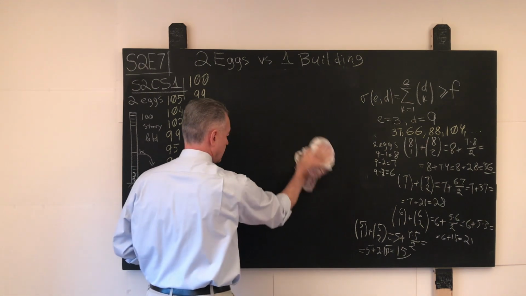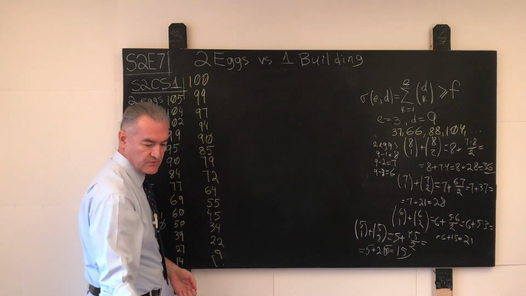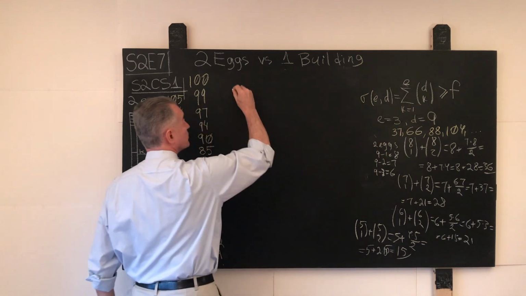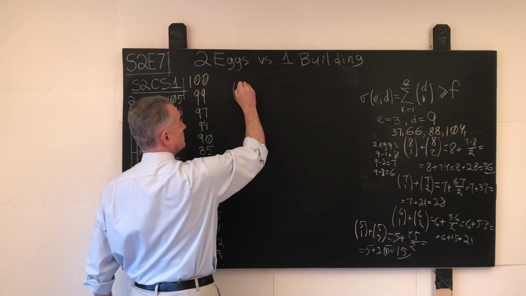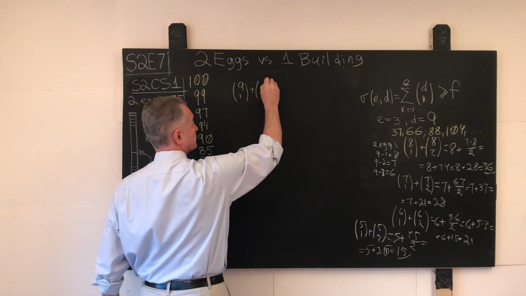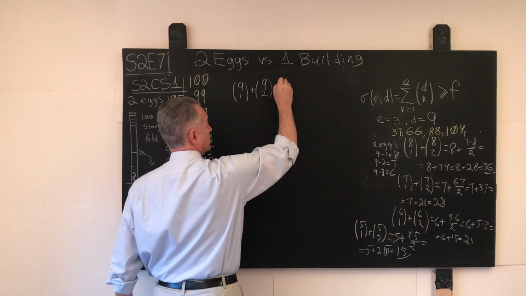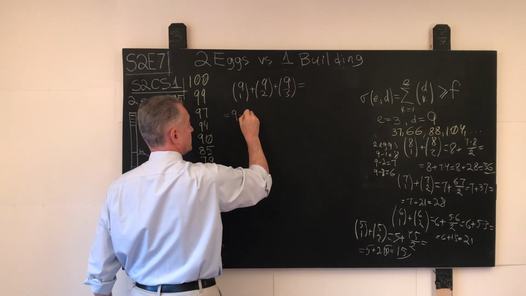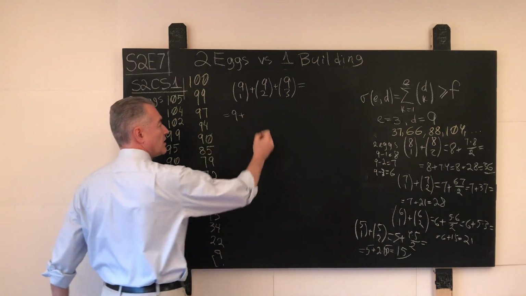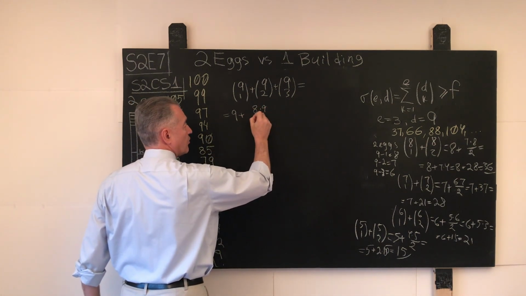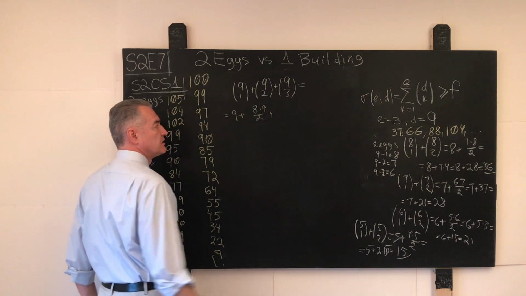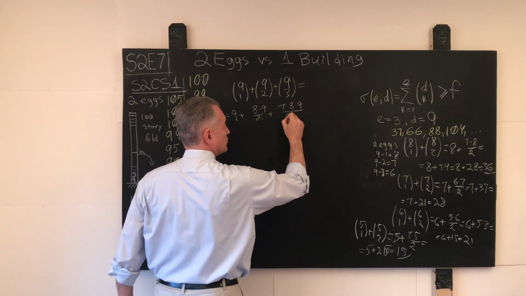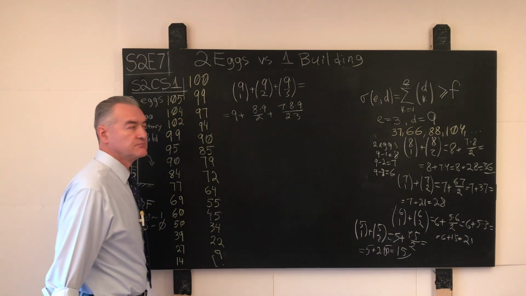So now, for the final stretch, for the final leg of this episode, let us unwind this formula. 9 choose 1 plus 9 choose 2 plus 9 choose 3 comes out to what? 9 plus 8 times 9 over 2 plus 7 times 8 times 9 over 2 times 3, the 6 factorial.